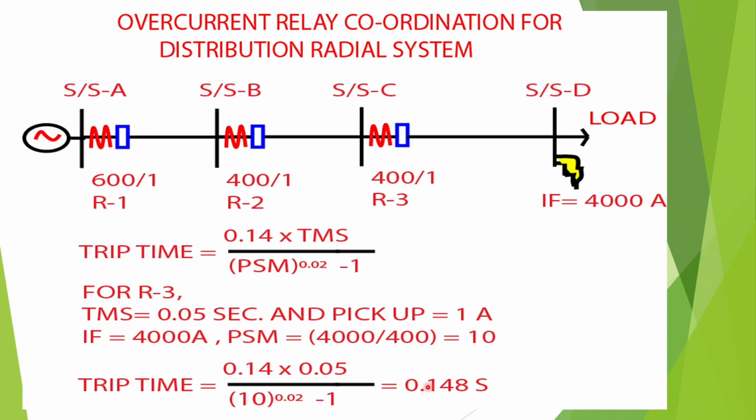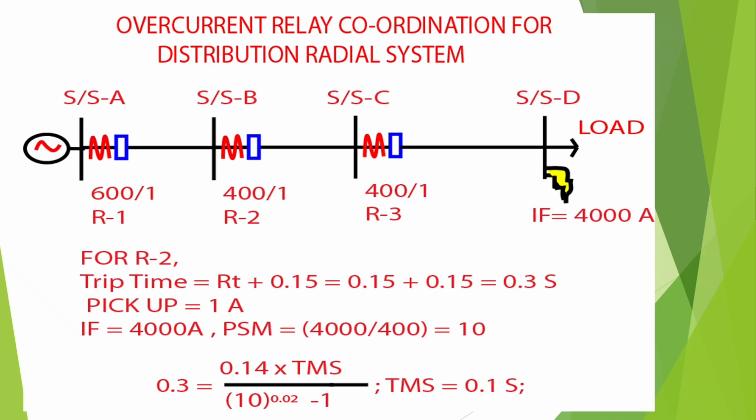Let us say the trip time is 150 millisecond or 0.15 second. For relay R2, we have to choose some time margin. In this case, we have chosen a time margin of 150 millisecond or 0.15 second over the trip time of relay R3.